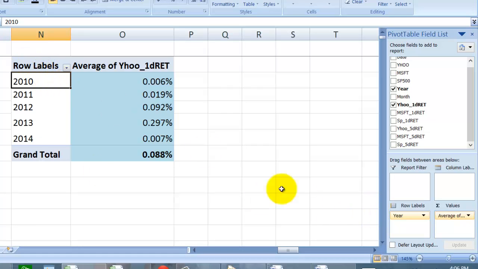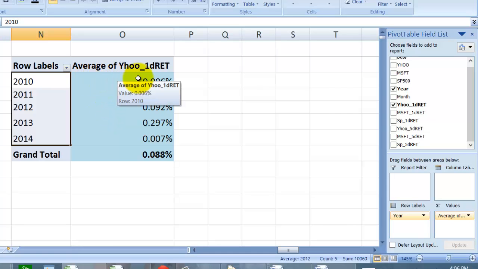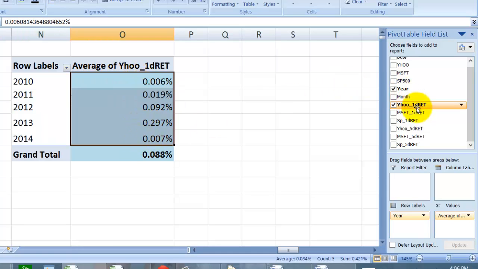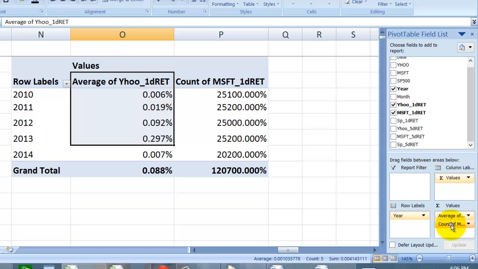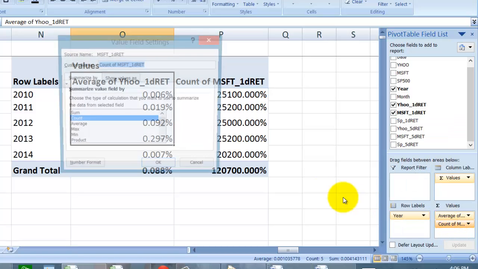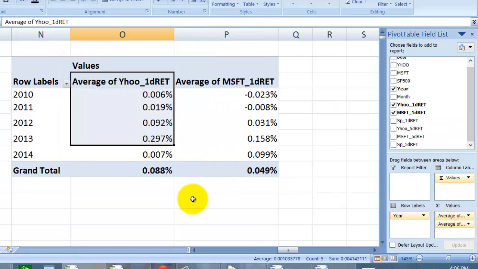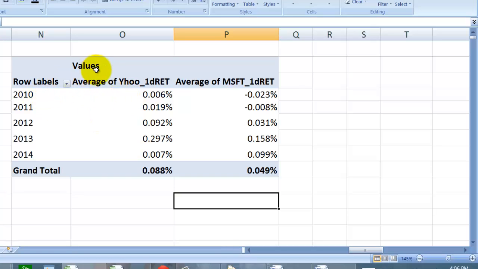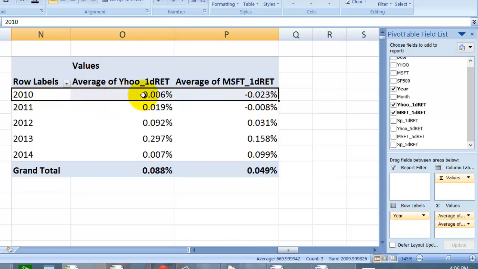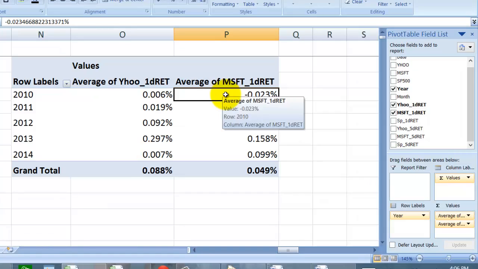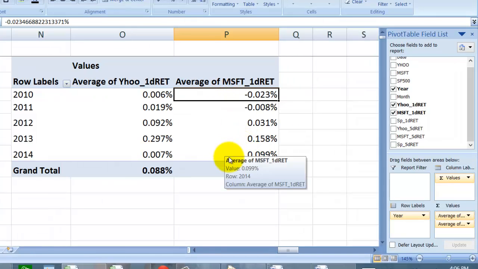I put year into row, so we have that one for year. Here the Yahoo. Now Microsoft, I put it here. So that setting seems to be easier for us to read, right? Here the 2010 for Yahoo. Here's the 2010 for Microsoft.